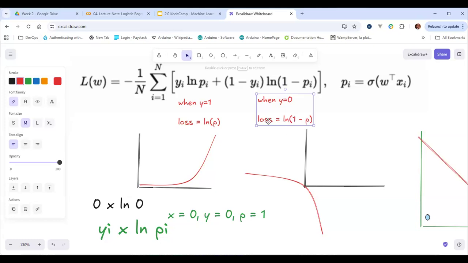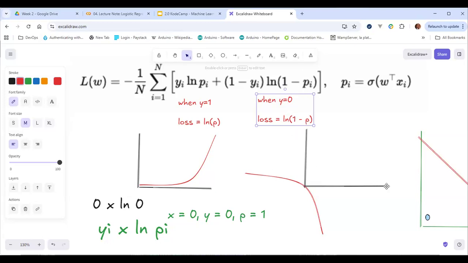Now, ln of 1 minus p actually looks like this, meaning that it is going to be 0 when y is 0. Sorry, when p is 0.